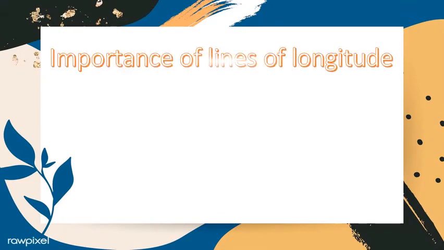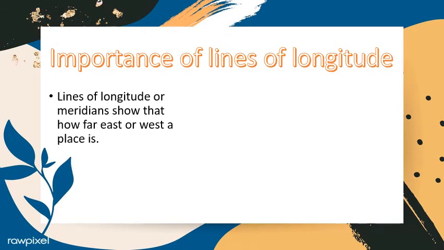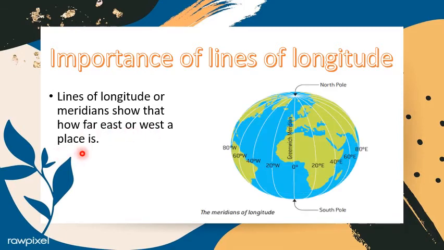Here comes the importance of lines of longitude. As I told you in the beginning, these lines are imaginary lines. If these lines are imaginary, then why are we supposed to learn them? Because lines of longitude or meridians show how far east or west a place is.